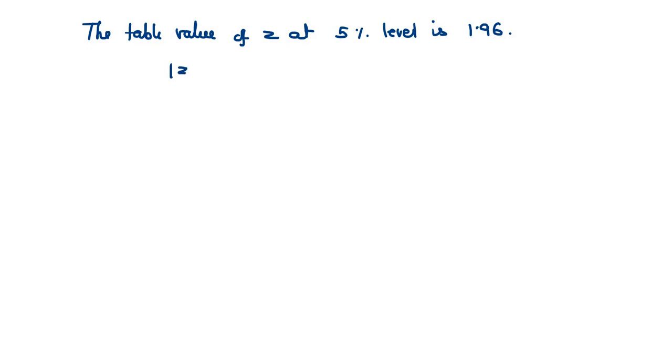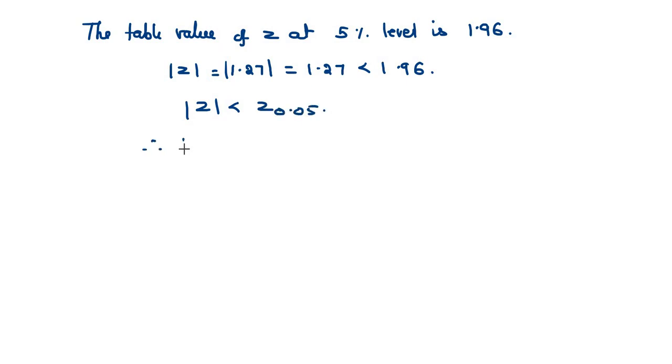Conclusion: mod Z, which is the modulus of 1.27, is equal to 1.27, which is less than 1.96. So the calculated value is less than the table value. Therefore, H0 is accepted at 5% level of significance.